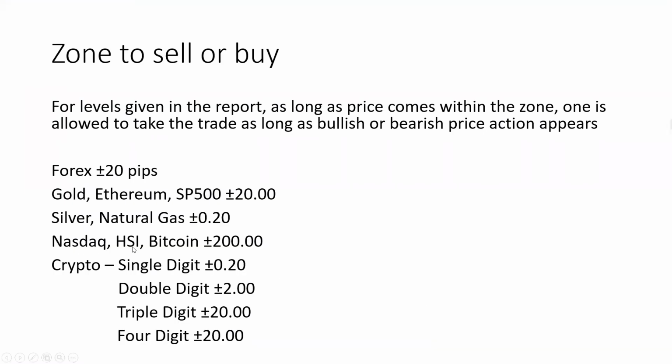And then you have Nasdaq and the Hang Seng. These are all in our reports. Because they are 5 figures, I use plus minus 200. Okay, for the cryptos that are single digit, where the value of the crypto is a single digit, use 0.2; double digit, $2; triple digit, 20; 4 digits also 20, correct.